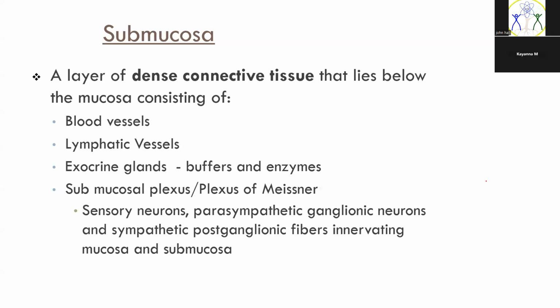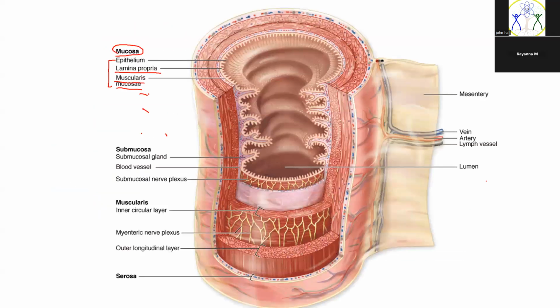All right. Then now submucosa, if you go back here, submucosa, here are the major components. Submucosa tends to be fairly glandular tissue. So you will have submucosal glands. Most of these glands are going to be associated with producing not just mucus, but they can also produce various secretions that aid in digestion, right?